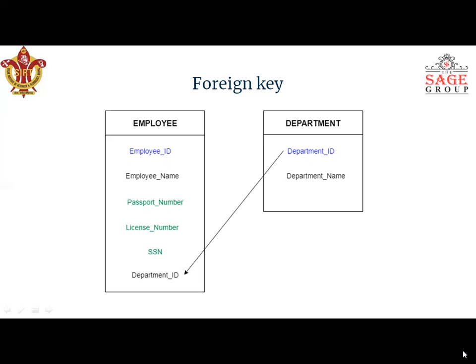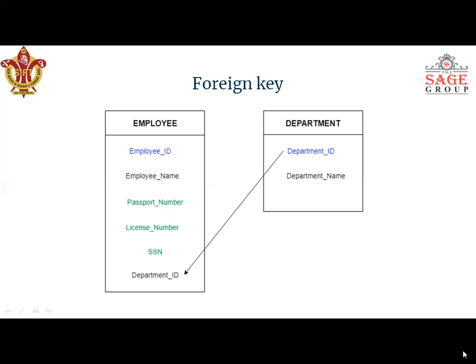Whenever we want to join these two tables, we can join on the basis of this department ID, because department ID is unique in the department relation, being its primary key. So whenever we want to join two tables, we always need a foreign key.